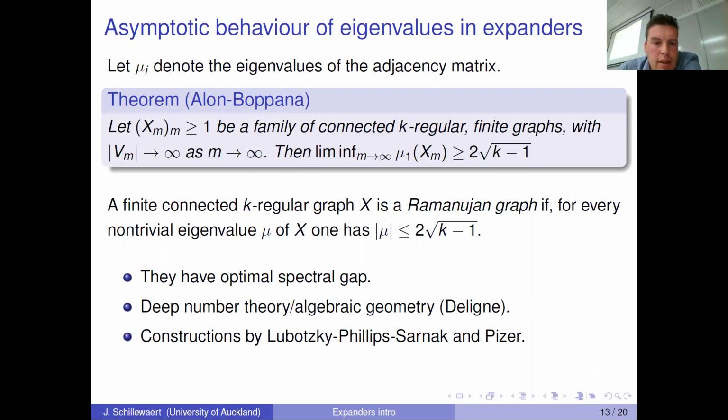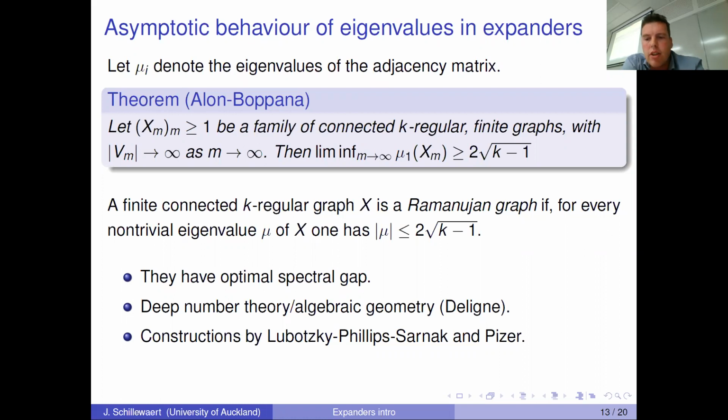There are 2 constructions of these Ramanujan graphs that I will briefly discuss. The first construction is by Lubotzky, Phillips, and Sarnak, and that's the construction which is described in a lot of detail in the book by Davidoff, Sarnak, and Valette, except that in the end, these results by Deligne have to be used as a black box because that's too difficult.